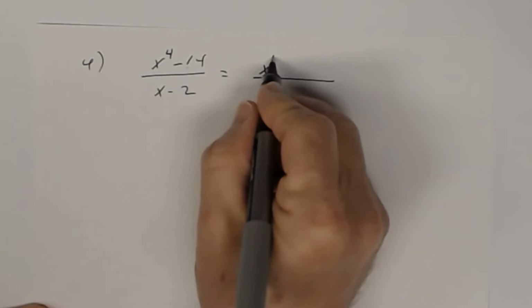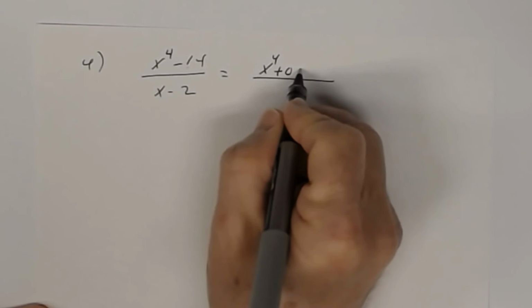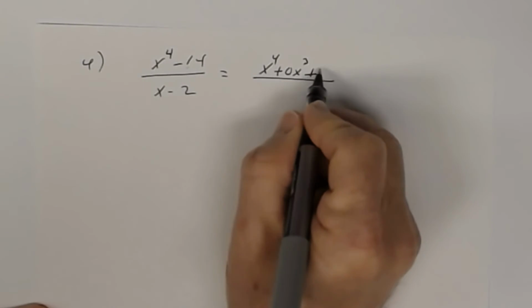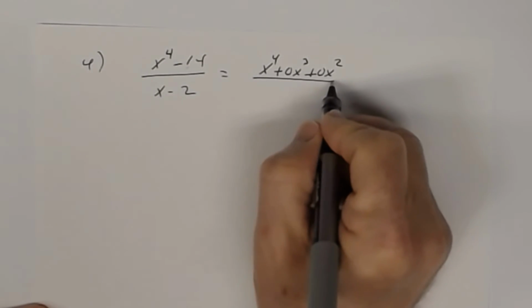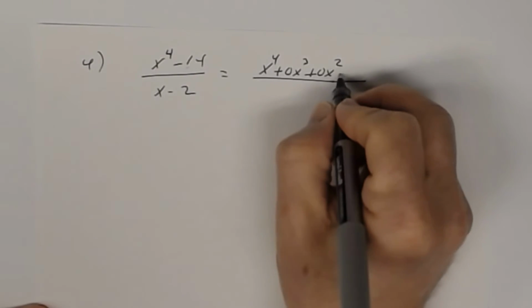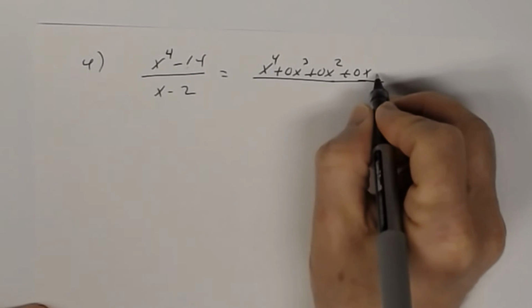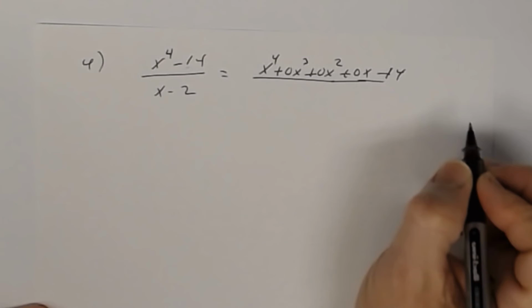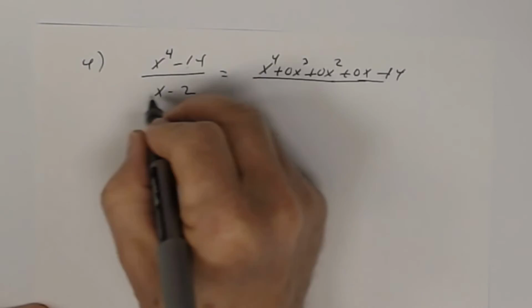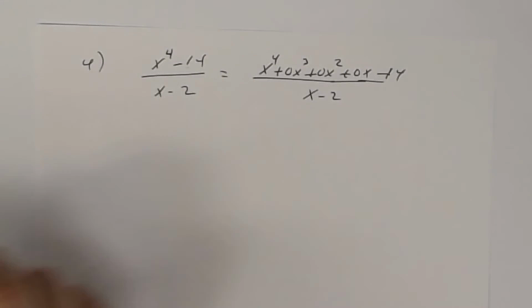You may want to say, well, that's x to the fourth plus 0x cubed, right? Plus 0x squared, missing x squared, so you got to put that 0 term. I'm missing an x, so I got to put that x term, and then minus 14, which is your constant. And then notice that I'm not missing anything in the denominator, so your divisor is fine. There's no missing terms, and it's already in descending order.